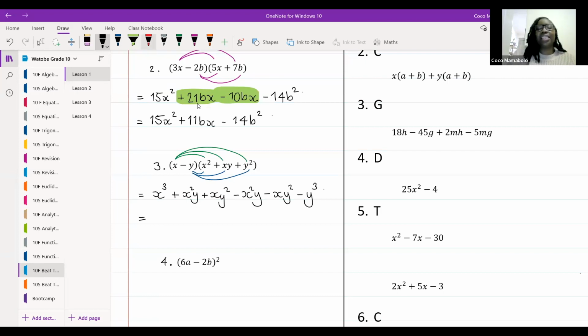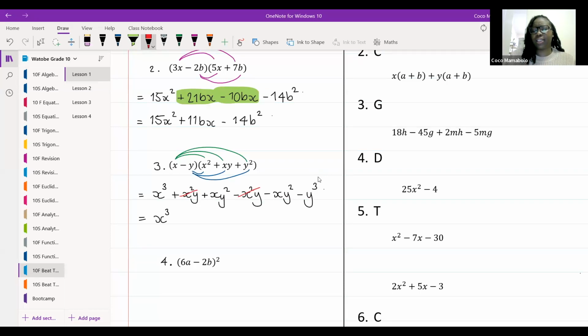All right. Let's see what's going to happen here, Mamelo, because we need to now add and subtract like terms. Right. So what are we going to get? X cubed. Then we are going to put our like terms together. Good. So we have plus X squared Y minus X squared Y. Good.